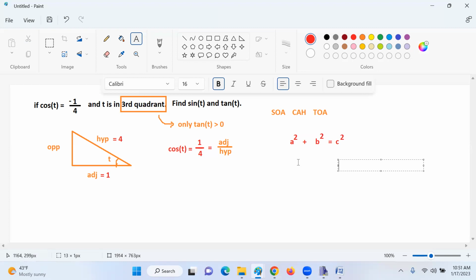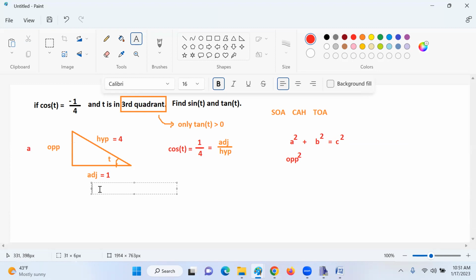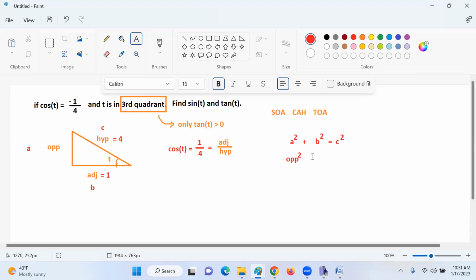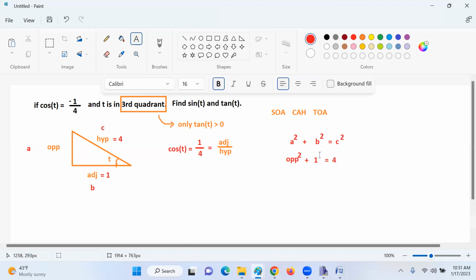The a squared will be the opposite squared, but I don't care whatever you call the a; it can be either one of these. The c should be the longest side length, which is the hypotenuse. So the opposite squared plus 1 squared equals c squared, which is 4 squared.